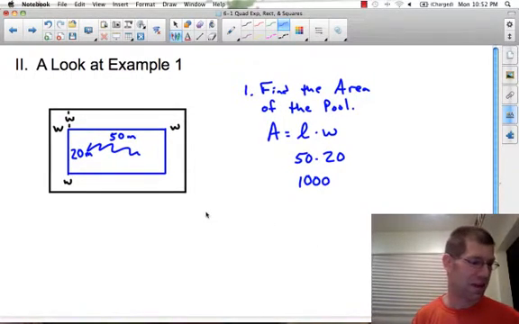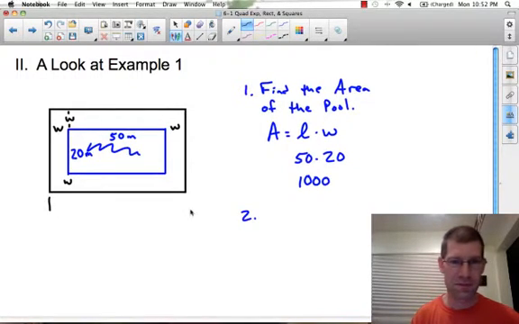The second thing is going to be actually looking at, well, now, what's the length and the width going to be of the whole pool? The pool and the deck, all that combined. So if we're looking at this part here, this bottom section from here to here, well, that includes the 50, this blue edge, but we're also going to have an extra W here, an extra W there.